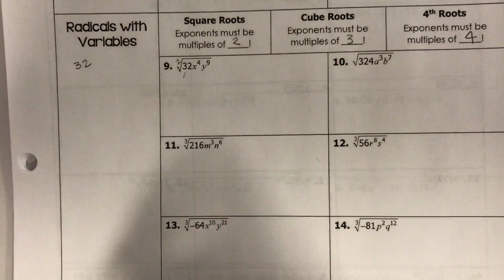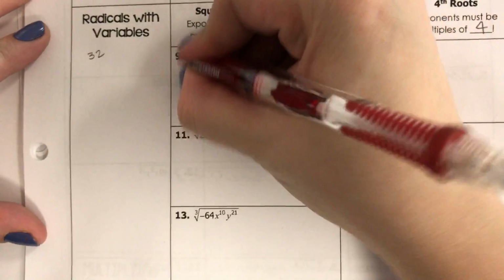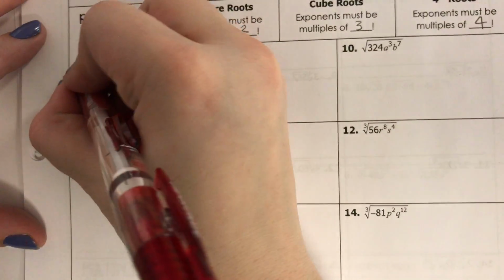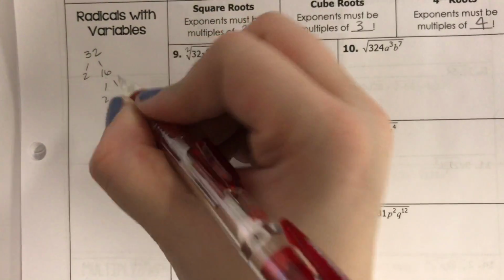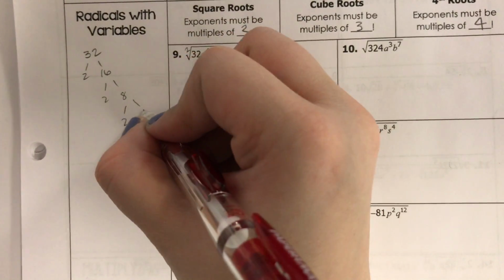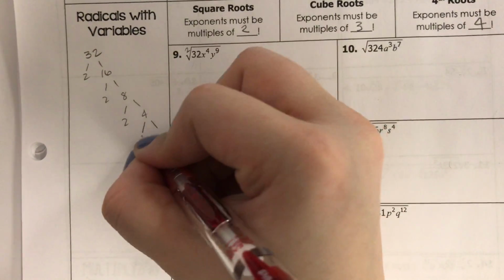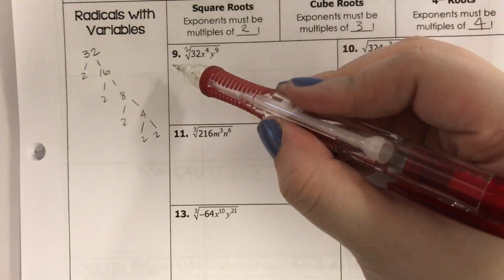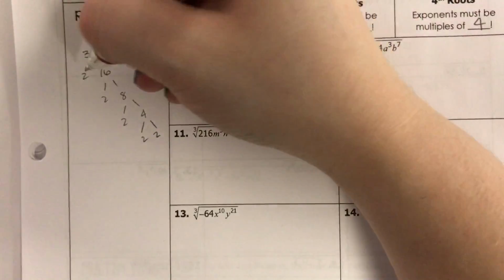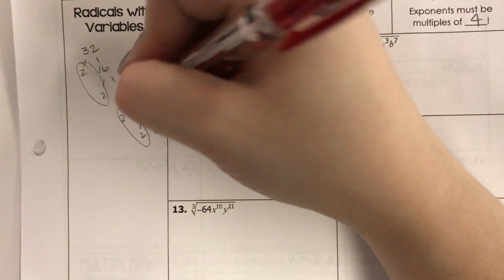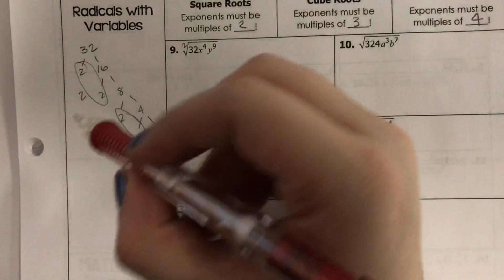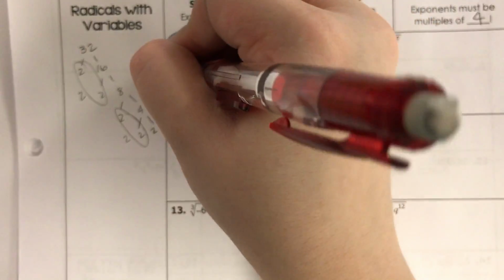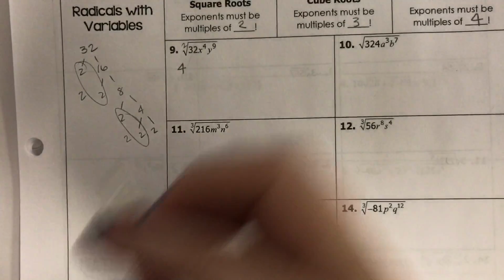I'll do it over here where we have more room. 32 is 2 times 16. 16 is 2 times 8. 8 is 2 times 4. And 4 is 2 times 2. Since this is a square root, we're looking for groups of 2. So 2 and 2. 2 times 2 is 4. So that goes out front.